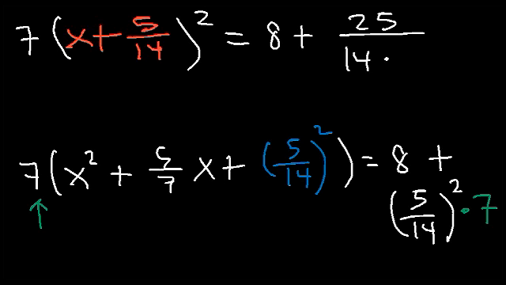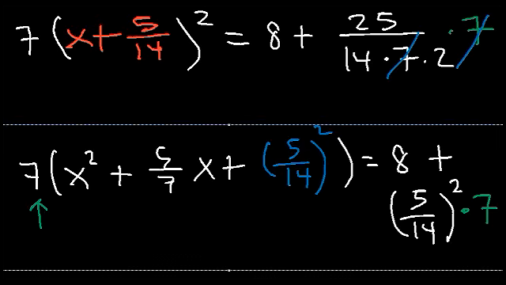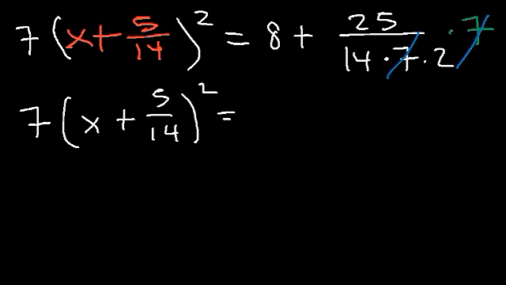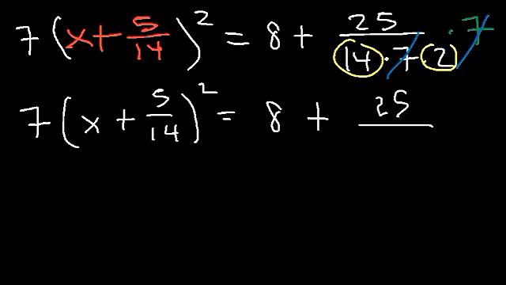But I'm going to change one of the 14s into 7 and 2 so that it can cancel the green 7. So what we have left over is 25 divided by 14 times 2, which is 28.